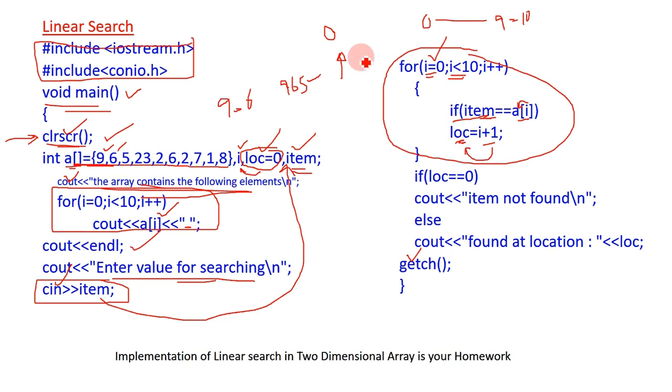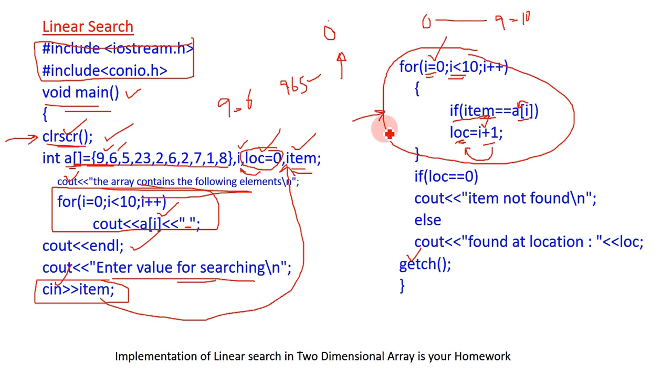I already told you that array implementation in C++ starts from 0. Therefore we assign plus 1 with the ith location, and this process will continue. We already discussed the whole process in the previous slide.